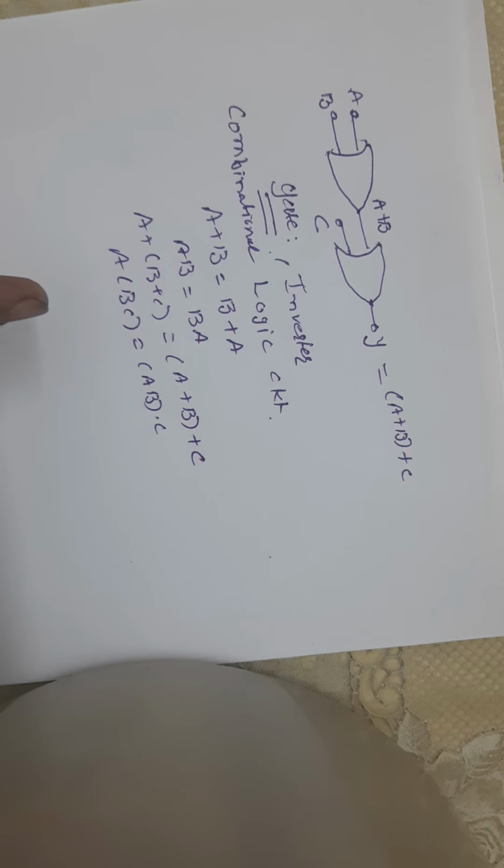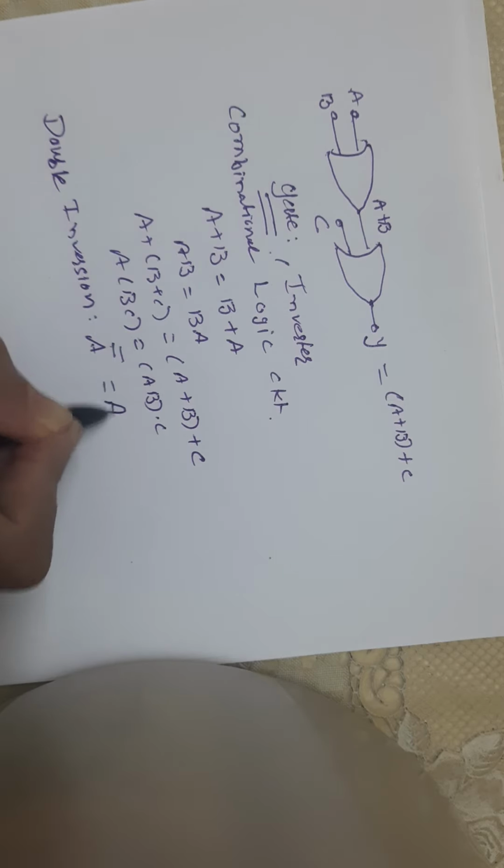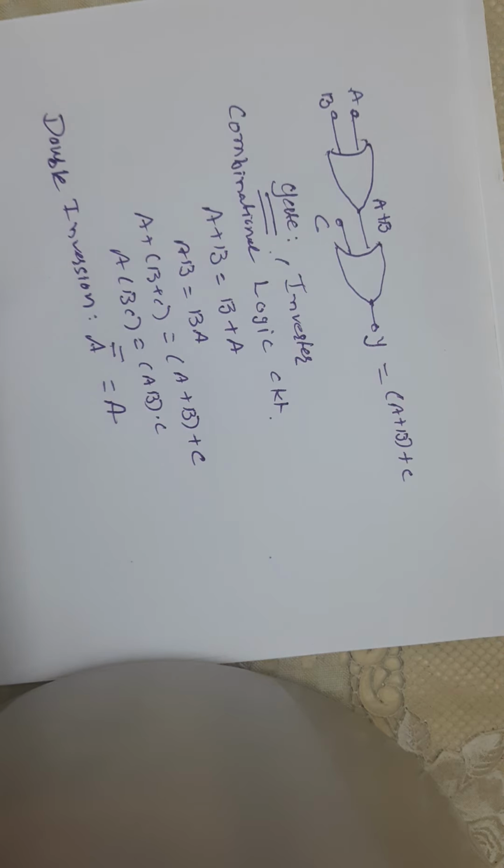Then we are discussing the double inversion and De Morgan's theorem. Double inversion rule: A bar bar is equal to A, which shows that the double complement of a variable equals the variable.